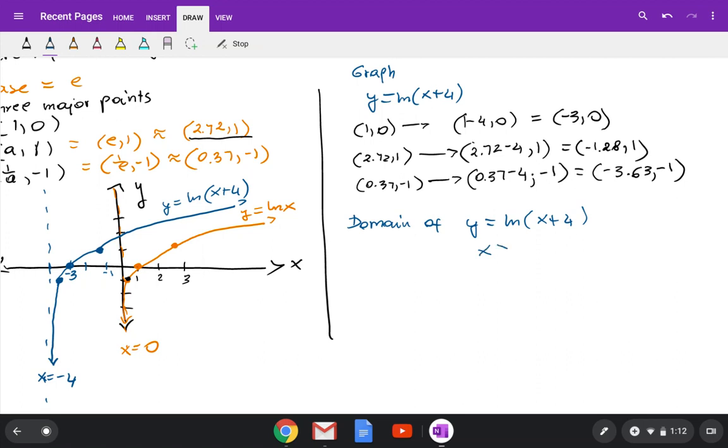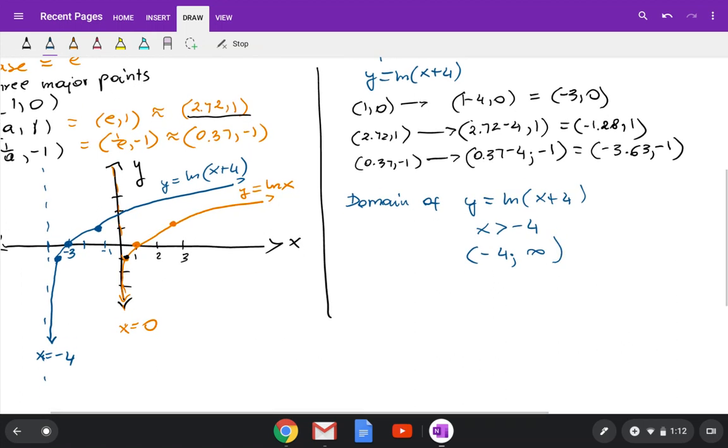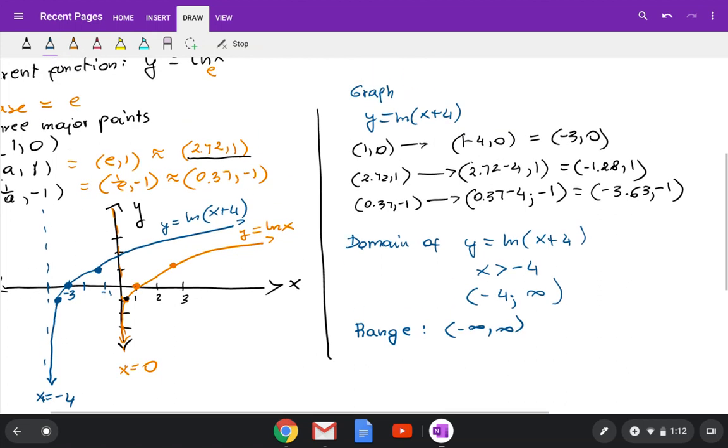So all the x is greater than negative 4, which means from negative 4 to positive infinity. And the range, that's the y values. The y values of our blue graph are still from negative infinity to positive infinity. So that was part B from this problem.